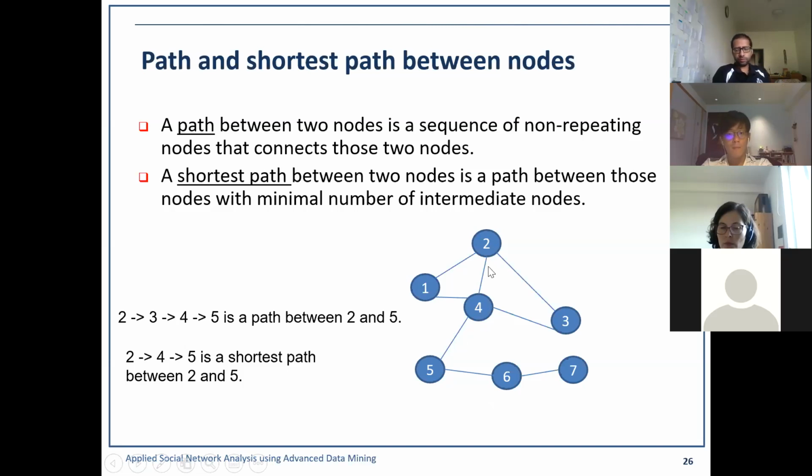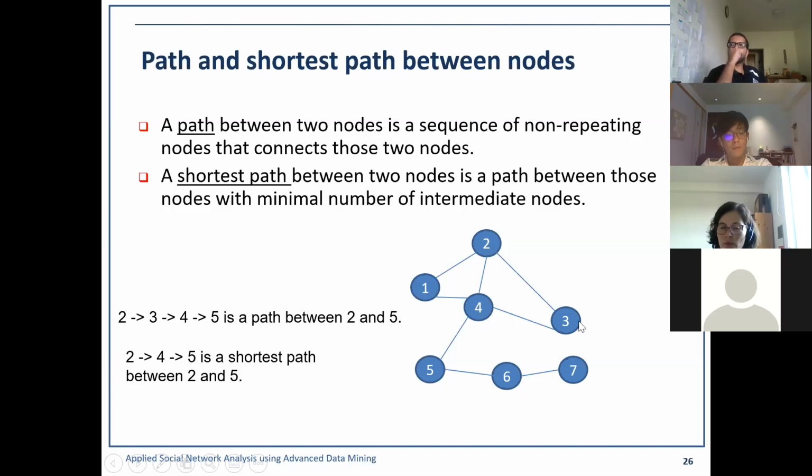Another path from 2 to 5 is 2, 1, 4, 5. Or the other example we have here, 2, 3, 4, 5 is a path between 2 and 5.